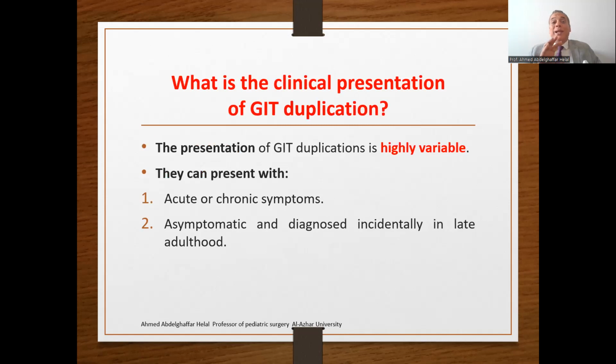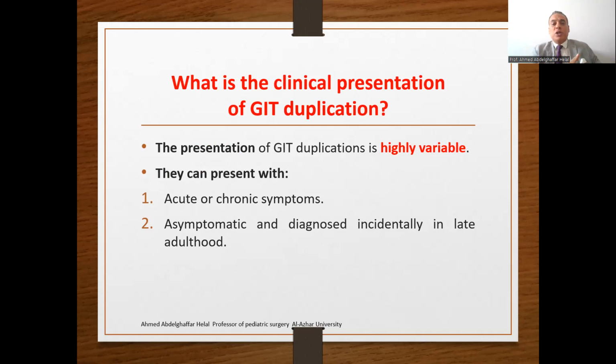Now, what is the clinical presentation of the gastrointestinal tract duplication? It's very important to understand that the presentation is highly variable, ranging from acute or chronic symptoms, or maybe asymptomatic and diagnosed incidentally. So the presentation may have two ends.